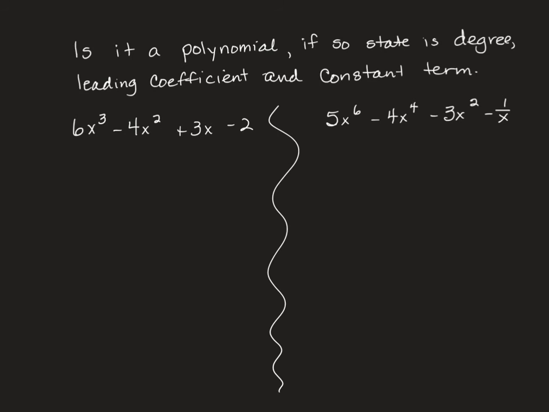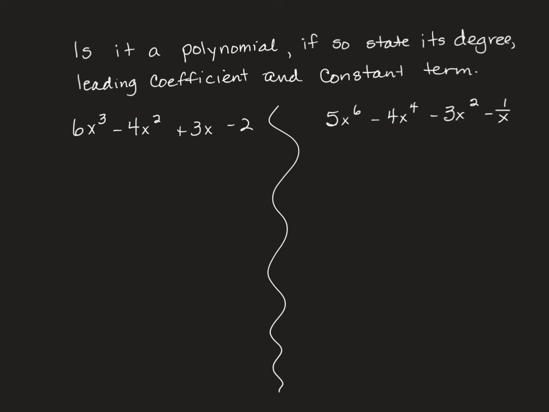All right, the last thing here says, is it a polynomial? If so, state its degree. No, that should be its. Let's fix that. Apologize for that mistake. State its degree, leading coefficient, and constant term. Looking at this first one, I noticed they run down in order, which is helpful. Is it a polynomial?